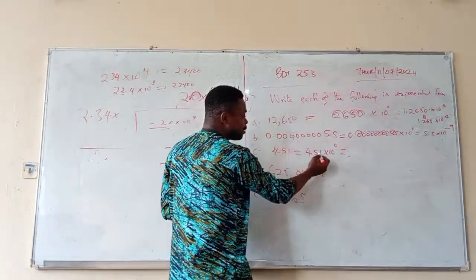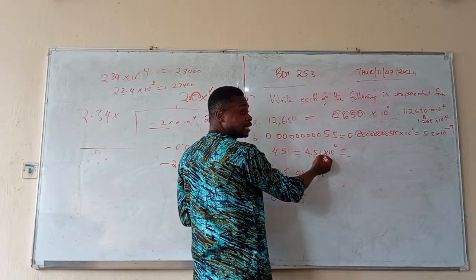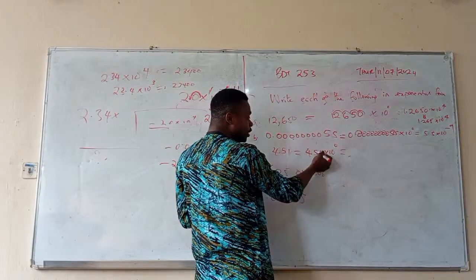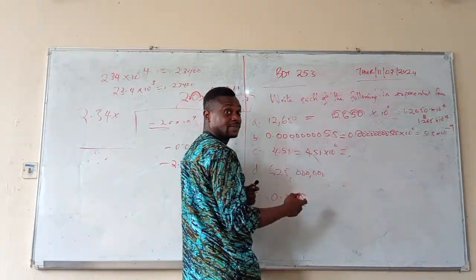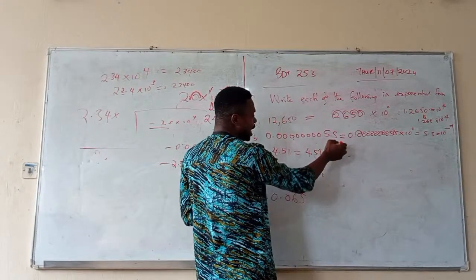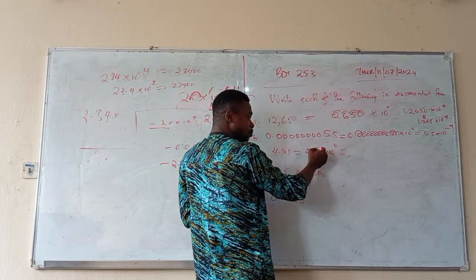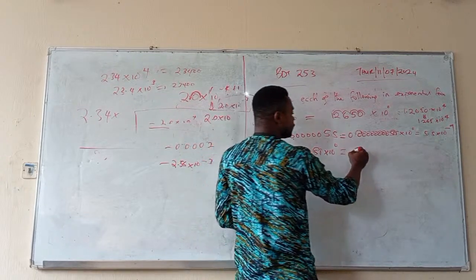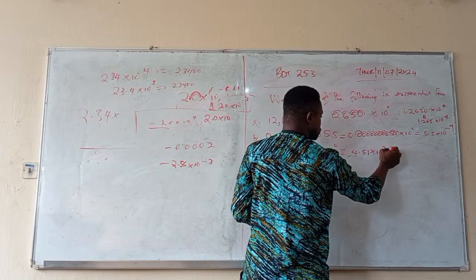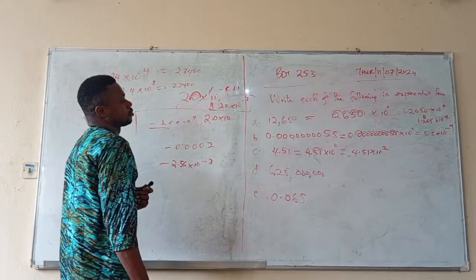Remember there's a decimal point here already, an invisible point. So you start decreasing the decimal place to get to this point. If you decrease, you add 1 here. Plus 1, plus 2, you stop. So we have 4.51 times 10 raised to power 2. That's for this one.